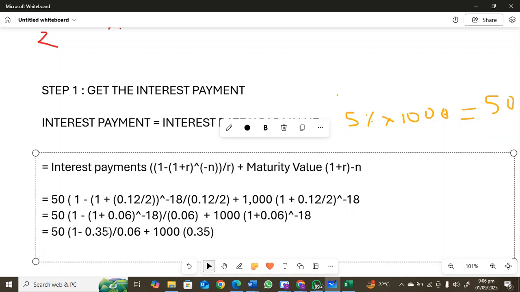Then next, 50 in here, 1 minus 0.35, that is 0.65 divided by 0.06, plus 1000 times 0.35, that should be 350.